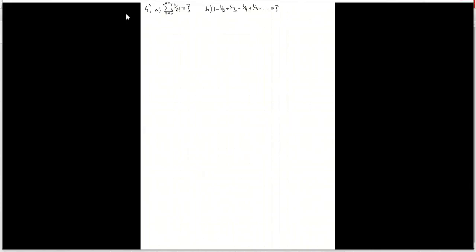Let's look at A here. So we've got this 1 over n factorial. So let's look back at what power series might resemble this. If we can recall anything that takes the form of something that we can get to 1 over n factorial, and we know that corresponding power series, then we can just plug in 1.